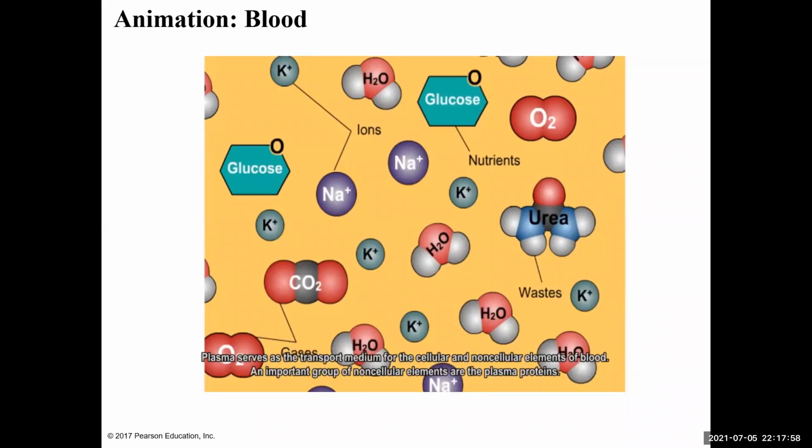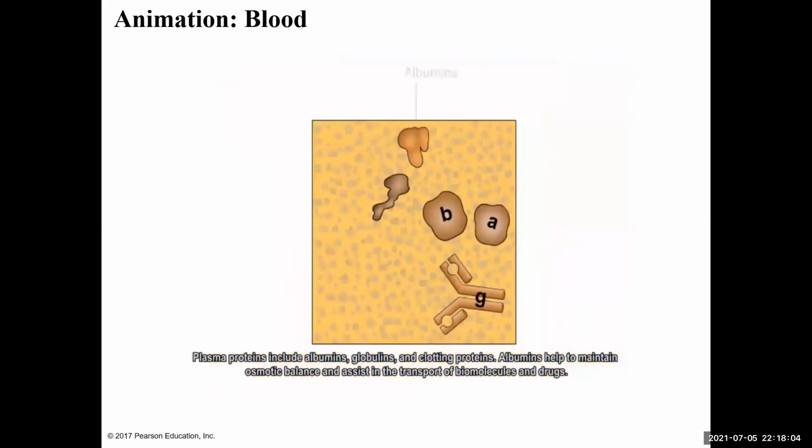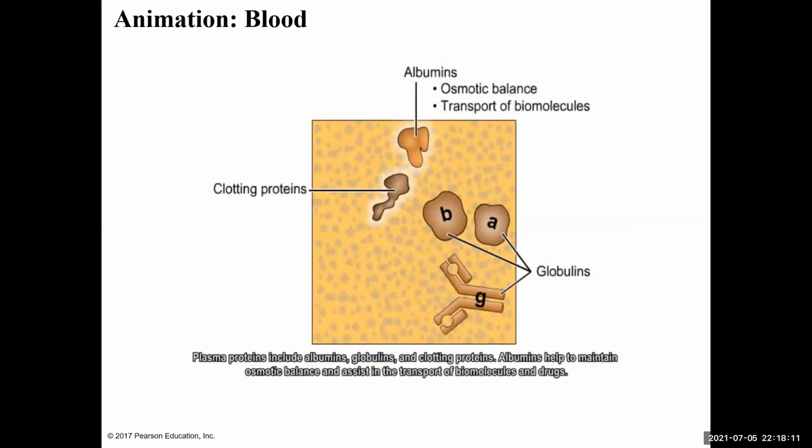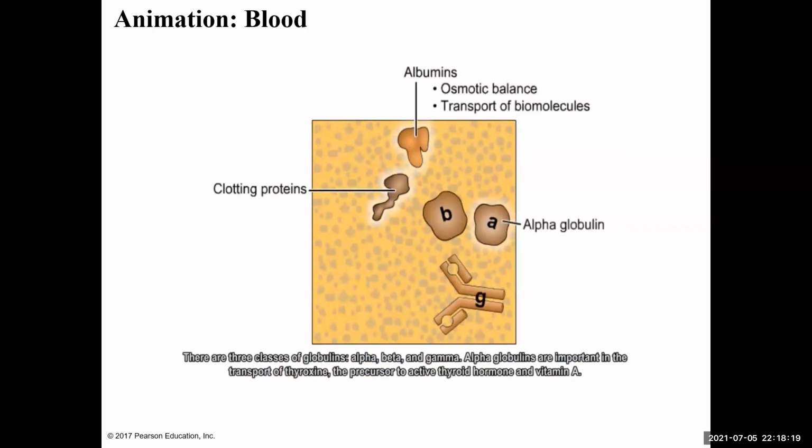An important group of non-cellular elements are the plasma proteins. Plasma proteins include albumins, globulins, and clotting proteins. Albumins help to maintain osmotic balance and assist in the transport of biomolecules and drugs. There are 3 classes of globulins: alpha, beta, and gamma.